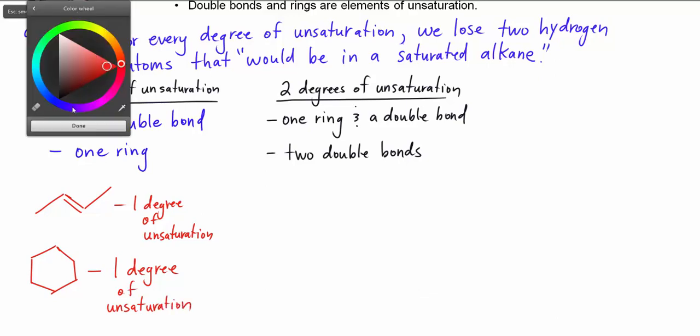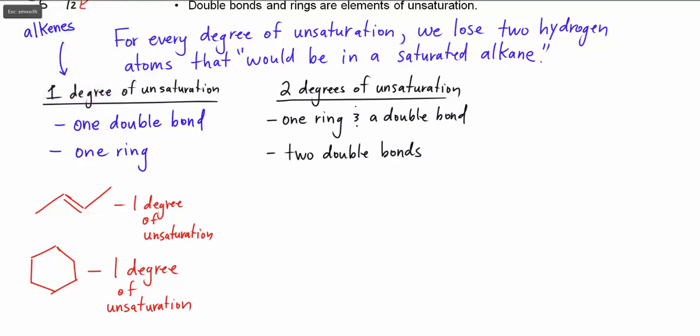Okay, if I look at 2 degrees of unsaturation, I could have a ring, let's say the cyclopentane ring, and then when I add a double bond to it, it becomes cyclopentene. We haven't learned how to name those yet, but we will in this chapter. So this constitutes 2 degrees of unsaturation: the ring and a double bond within that ring.